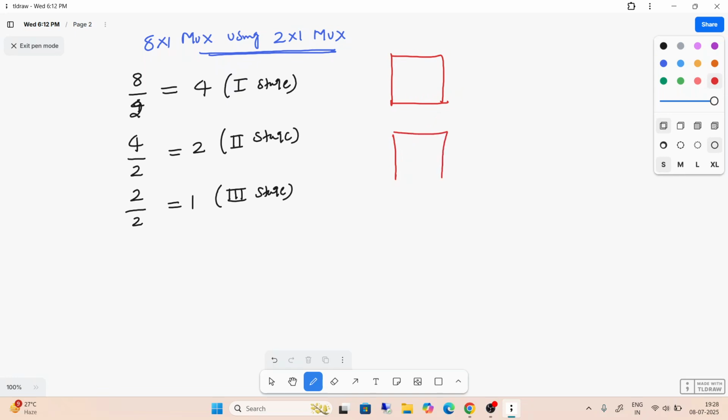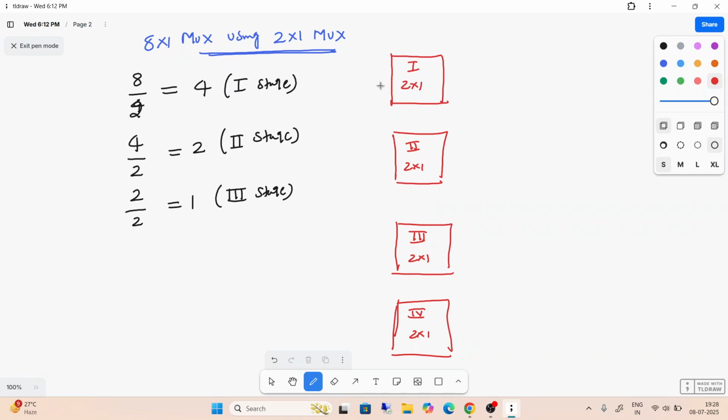So here four 2 cross 1 muxes: first mux, second mux, third mux, fourth mux.